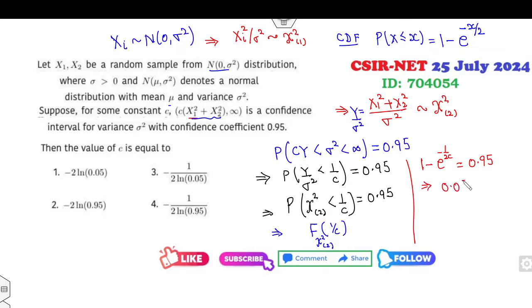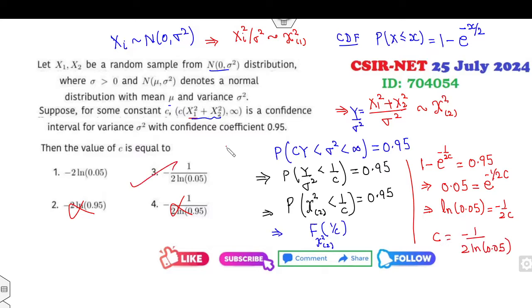So it is 0.05 is e raised to power minus 1 over 2c. First of all, it's 0.05, the 0.95 will be cancelled out. I can take the logarithm. So ln of 0.05 is my minus 1 over 2c. c will be minus 1 over 2 ln of 0.05. So c is my right answer of this problem.